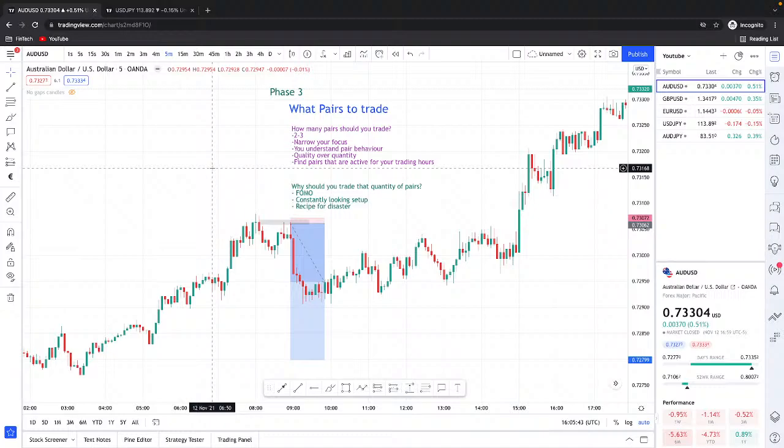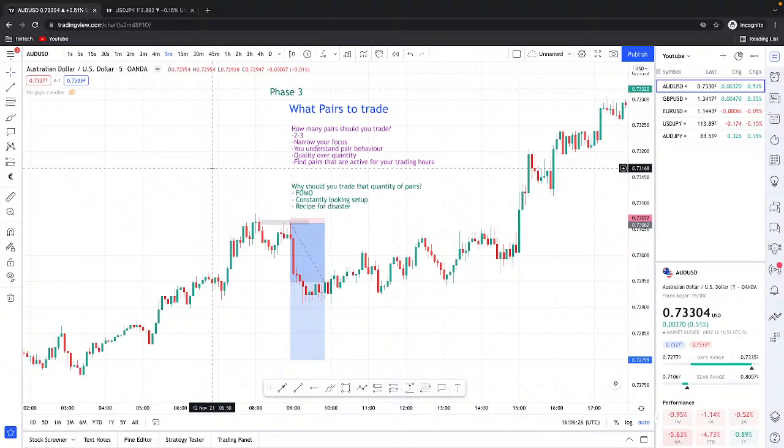If you watch too many pairs, your focus won't be there to attend to every single pair, and you will not notice the pair tendencies and pair behaviors. Every pair moves differently: US dollar pairs, yen pairs, New Zealand dollar and Australian dollar pairs all move differently. If you want to understand pair tendencies and behavior, you should focus on 2 to 3 pairs for at least 6 months.